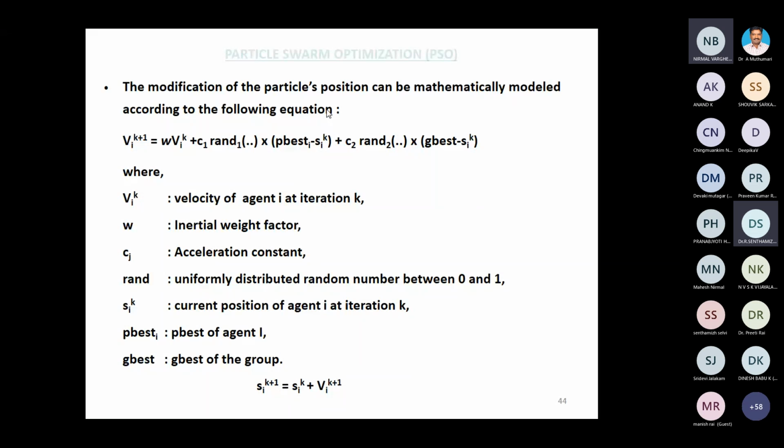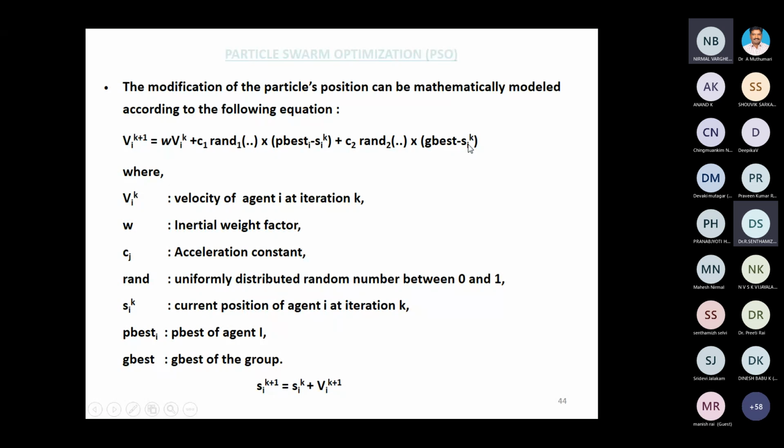Here, the modification of the particle position can be mathematically modeled according to the following equation: V_i(k+1) = W * V_i(k) + C1 * rand1 * (P_best,i - X_i(k)) + C2 * rand2 * (G_best - X_i(k)).